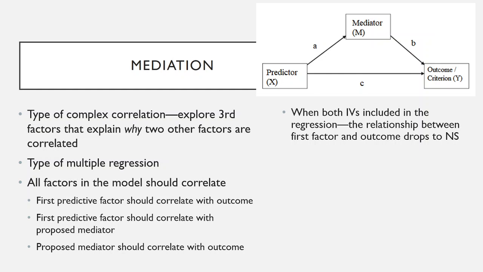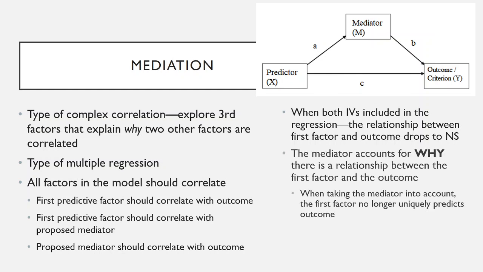Again, I'll reiterate, it's not like moderation where that underlying correlation is changing in strength or direction, despite the fact that that relationship drops to non-significant. That's just the regression telling you that the mediator is a go-between. It acts as a sort of explanatory pathway that helps tell you why x helps predict the outcome.